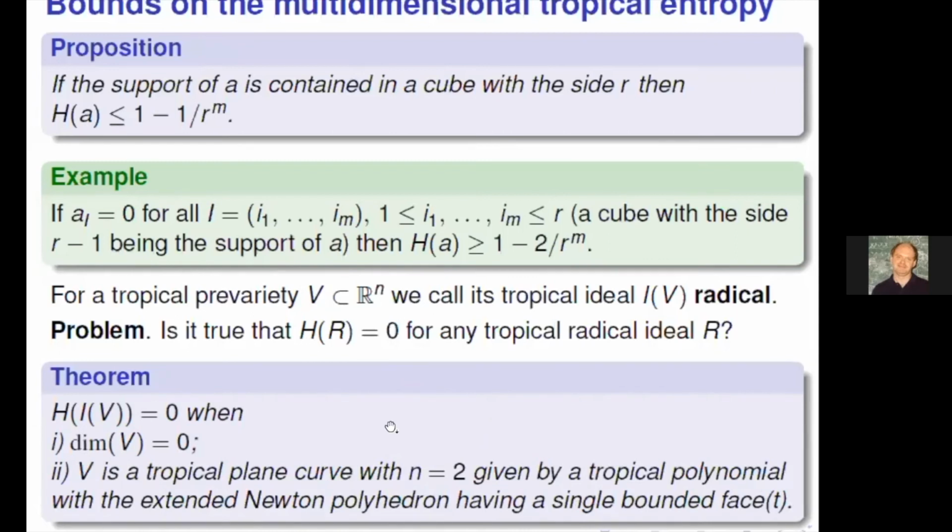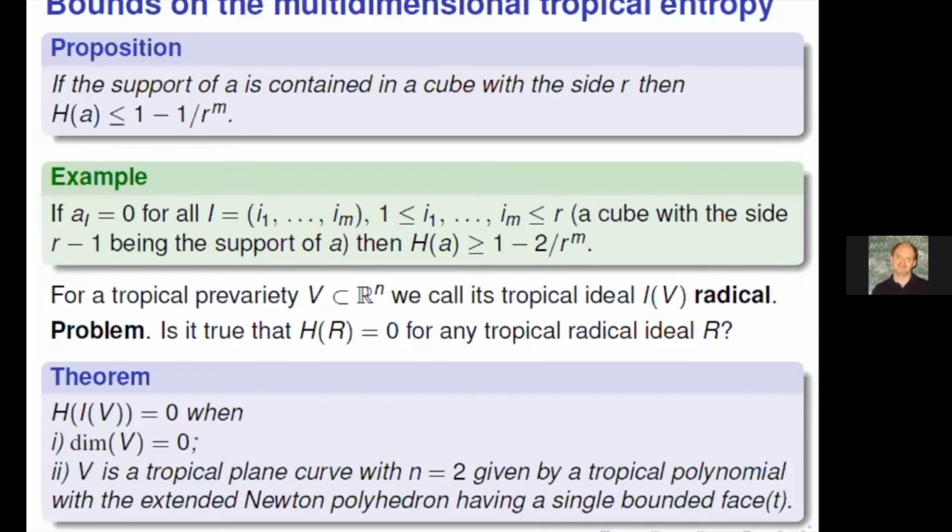This is very similar to what I talked about with the Newton polygon, but now we have a tropical polynomial in two variables, and to each monomial of it we attach a point in three-dimensional space.